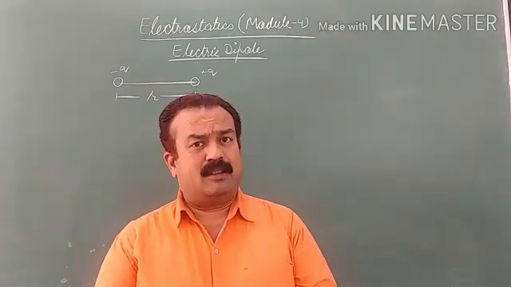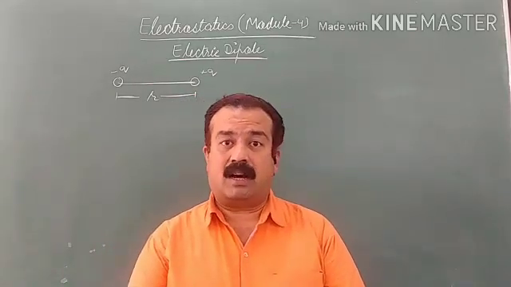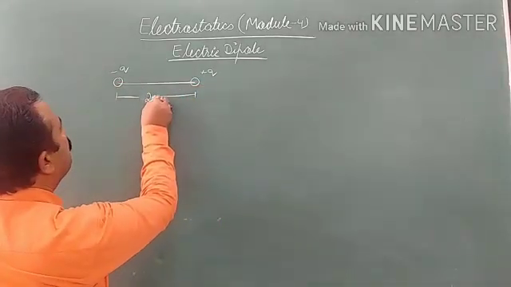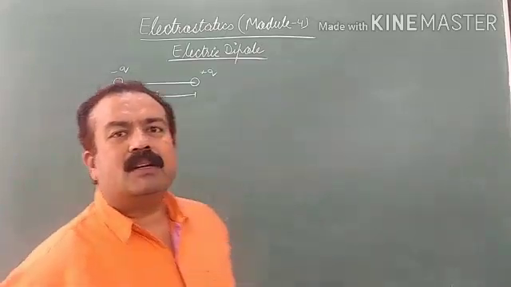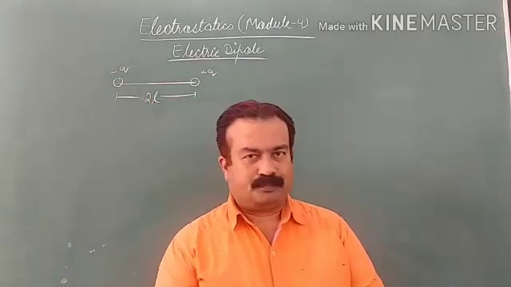But in this case, we generally don't take the distance between two charges as just a distance. We will take 2L, to simplify our calculation; we take 2L or 2A.